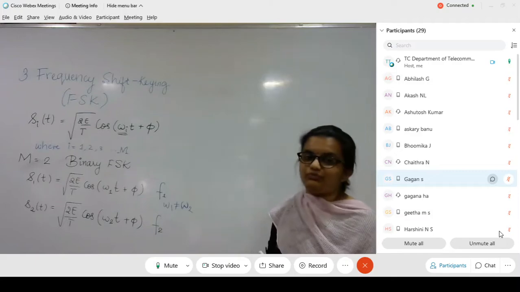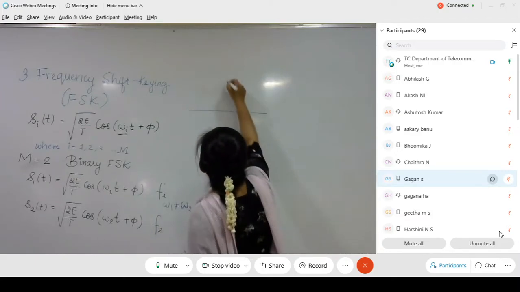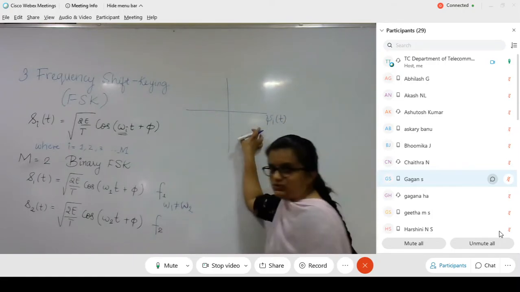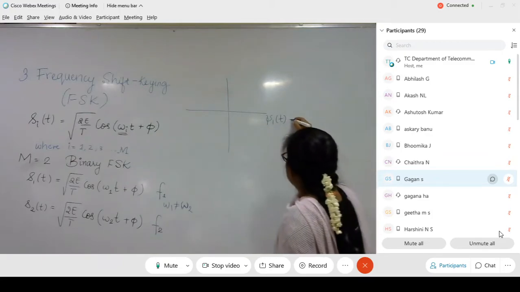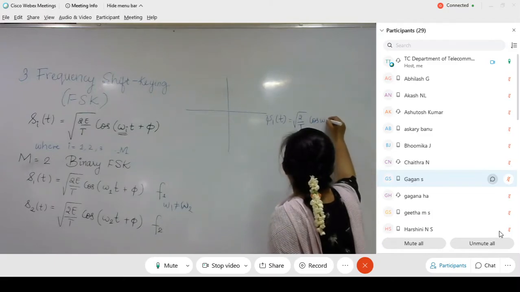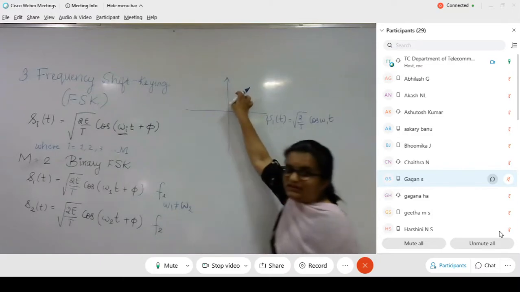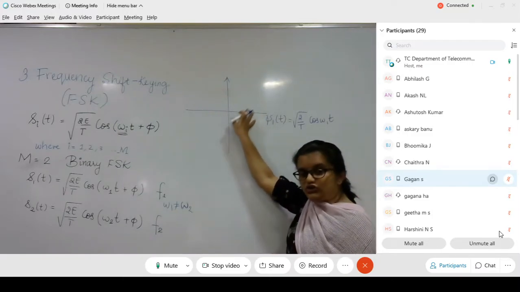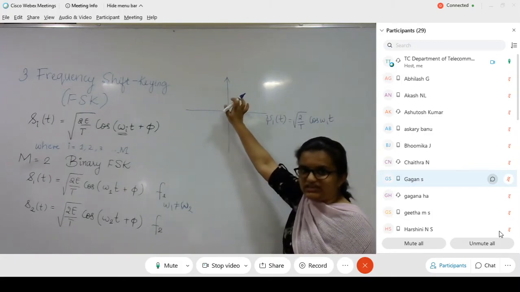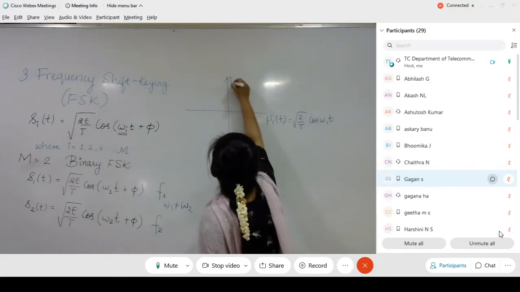Therefore the number of basis functions required here, for the case m equal to 2, is two. The first one, xi_1(t), is under the root 2 by T cos omega_1 t. The second, please remember, is not quadrature. They are orthogonal, but I am not writing the quadrature; it is still the real, in-phase component.